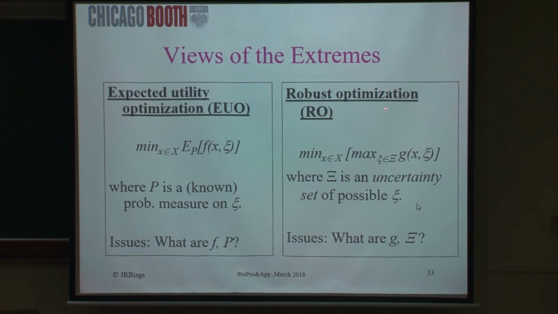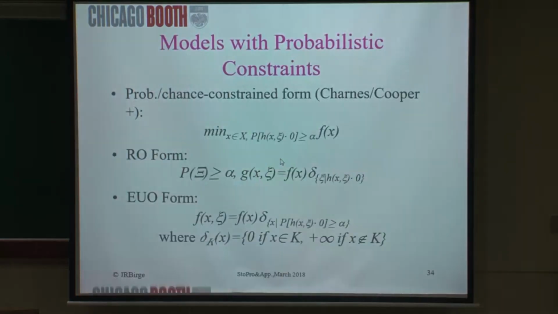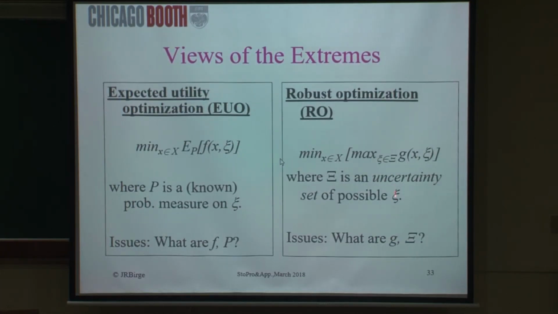In robust optimization, you're saying there's a function here that relates my action and this set of possible outcomes, and I take the worst case over all the possible outcomes in some uncertainty set.